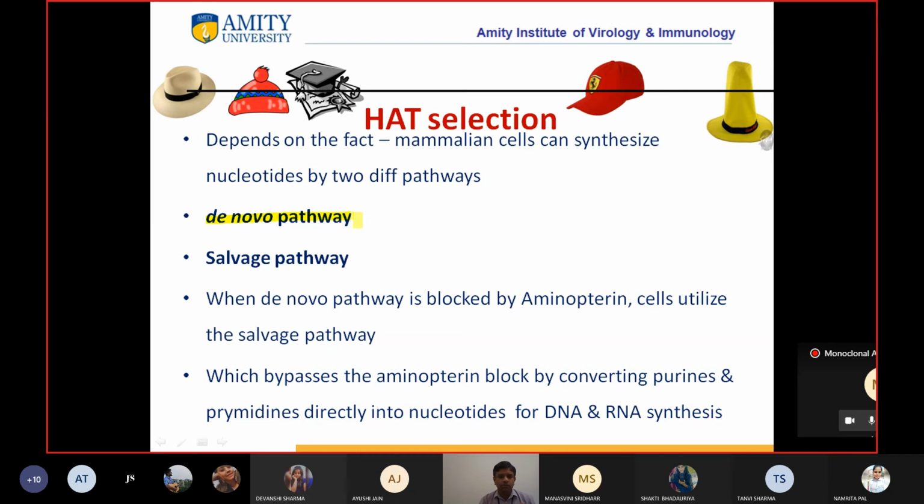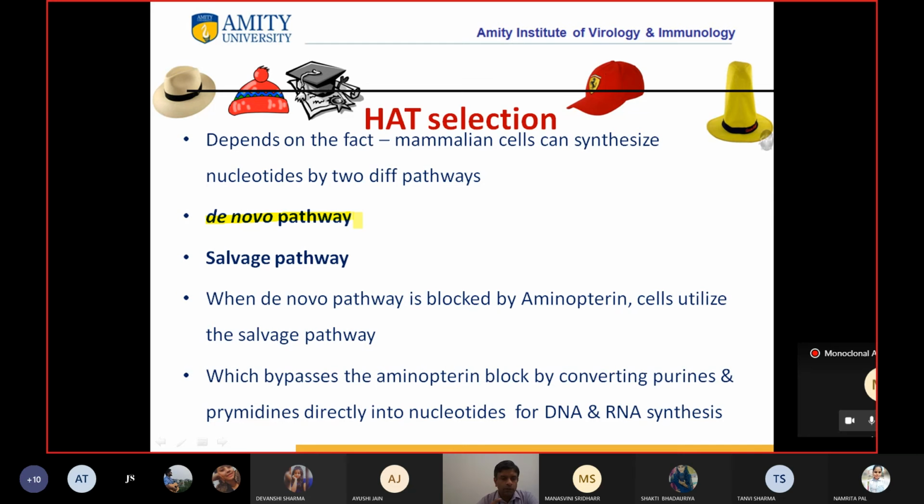So HAT selection depends on the fact that mammalian cells can synthesize nucleotides by two different pathways. One is the de novo pathway, which is normally going on. And when the de novo pathway is not working, the other pathway, the salvage pathway, is used.